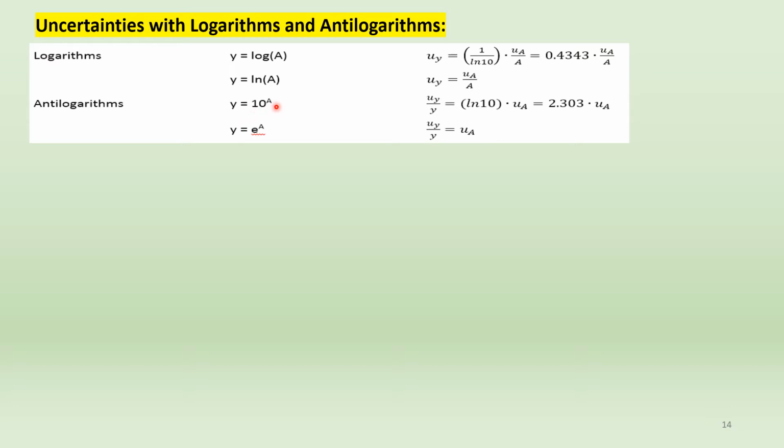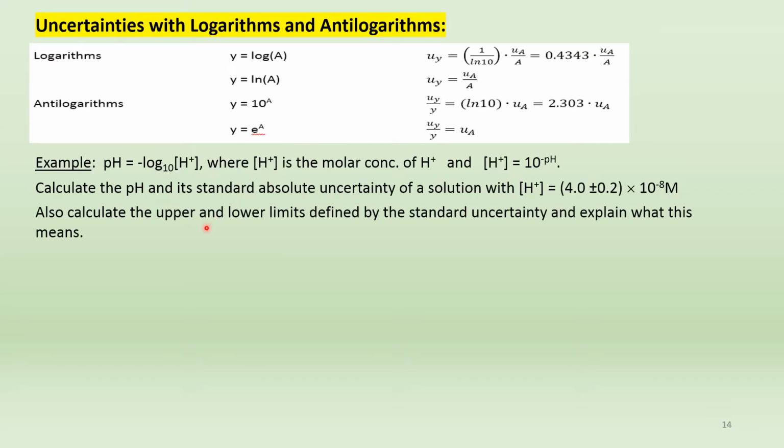In this case, a would be a logarithm, not a number, and y now is a number, not a logarithm. So it turns out that the relative uncertainty of the number y is equal to 2.303 times the absolute uncertainty of the logarithm a. Let's try an example in chemistry.